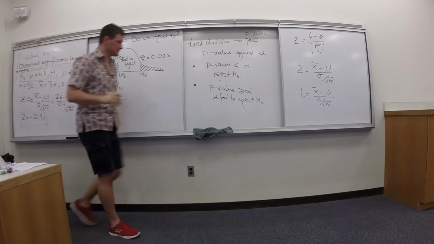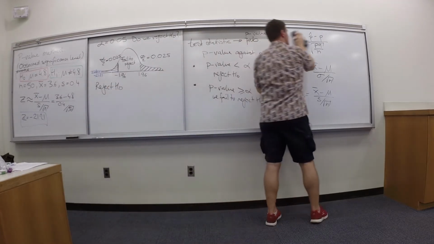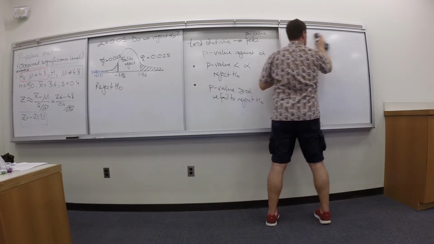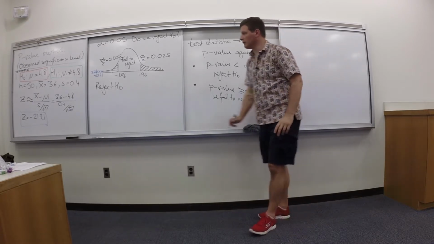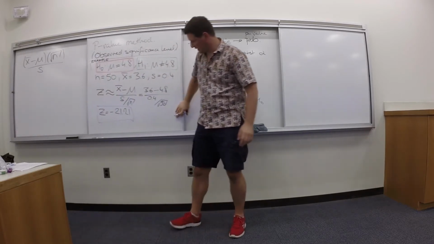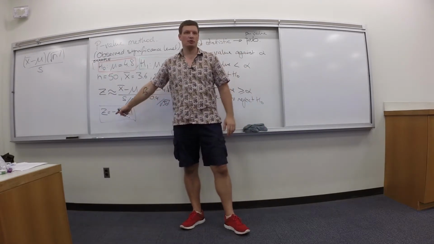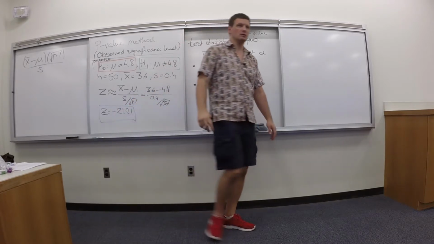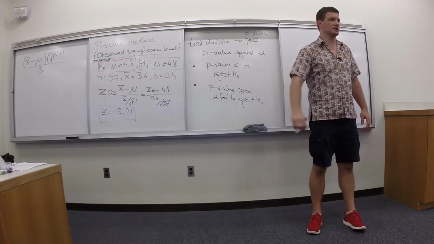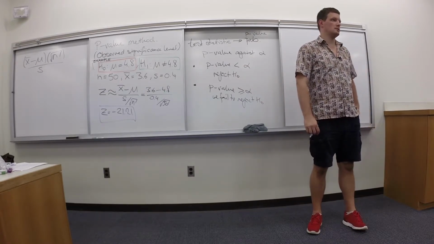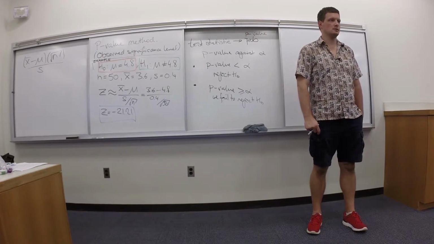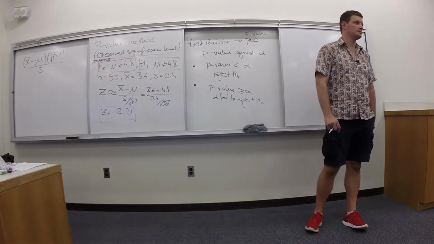Part two of this is how do we get p-value probability from our test statistic? Our test statistic came out to be negative 21.21. What's the probability associated with that? How rare?